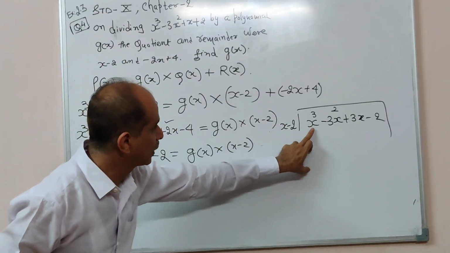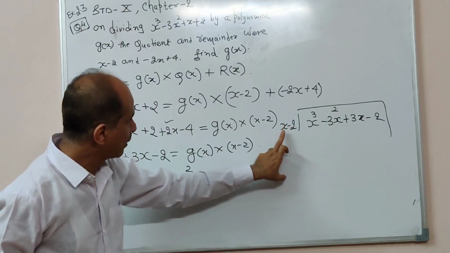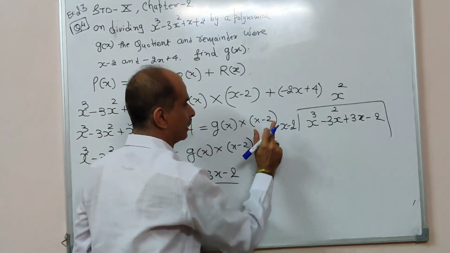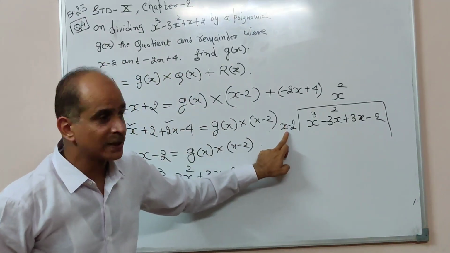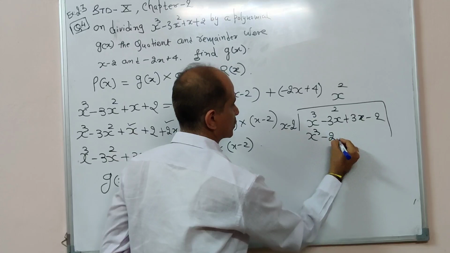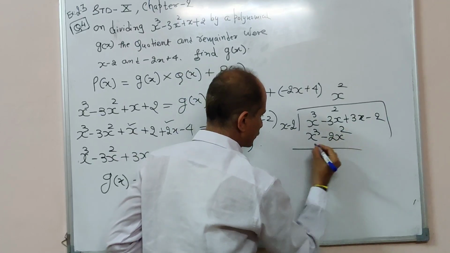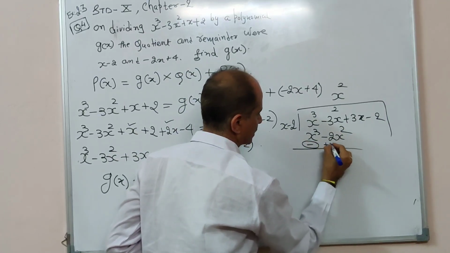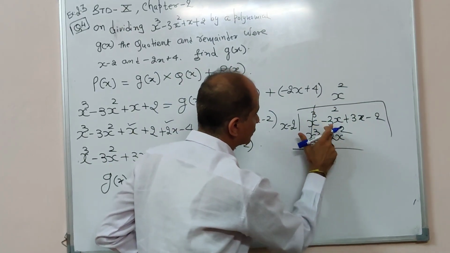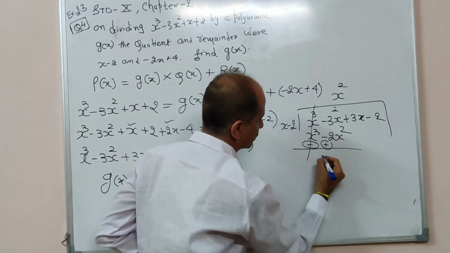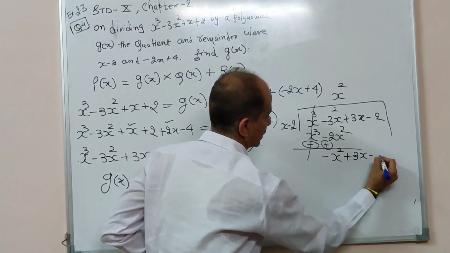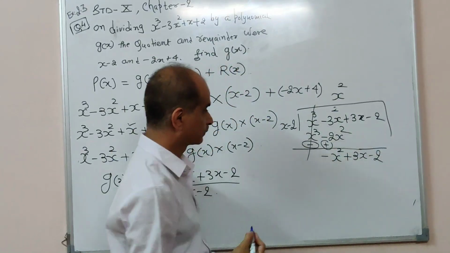Now what is given to you? x cube. You have only x, so you have to multiply it with x square. When you multiply the divisor by x square, you get x cube minus 2x square. Change the signs, so this becomes minus, this becomes plus, and these two cancel out. So minus 3x square plus 2x square becomes minus x square, plus 3x minus 2.